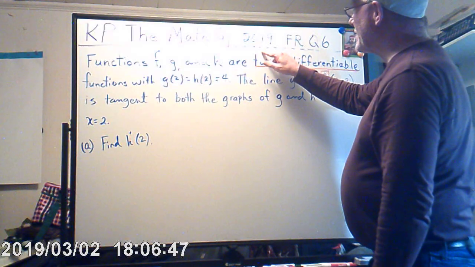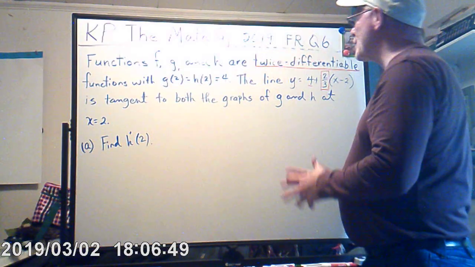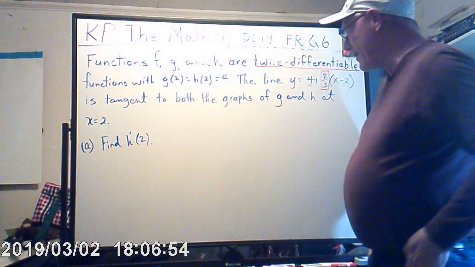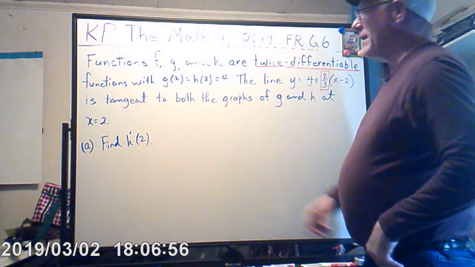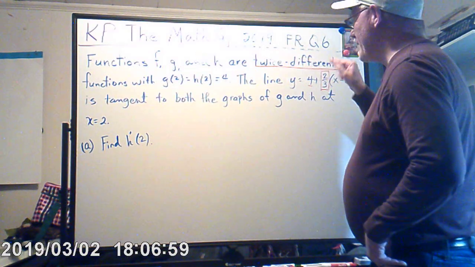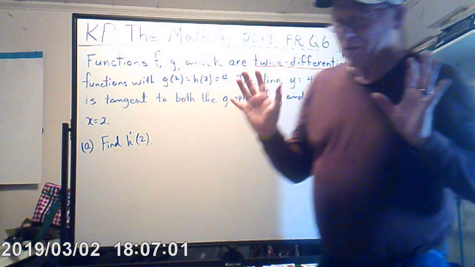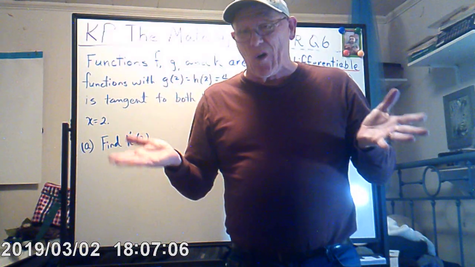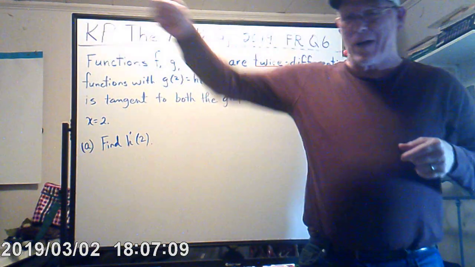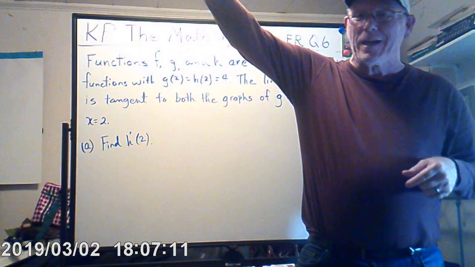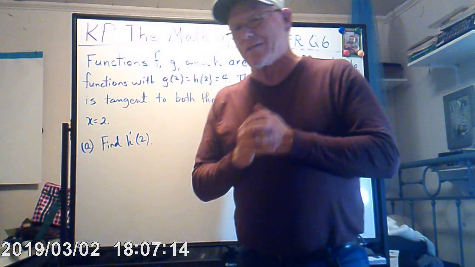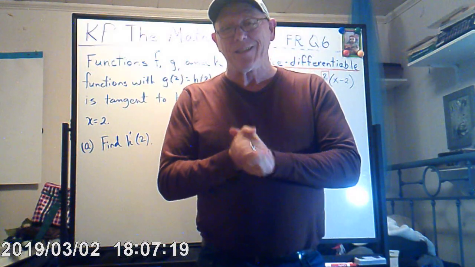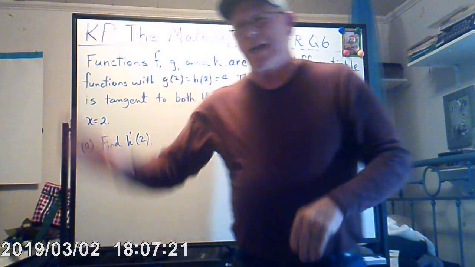We're going to look at a question from 2019, the free response question 6. Let's pay attention to something here. Functions f, g, and h are twice differentiable. Let's stop right there for a second. If they're differentiable at all, what do you know about the graph? Yes, if you said that it is continuous, absolutely.